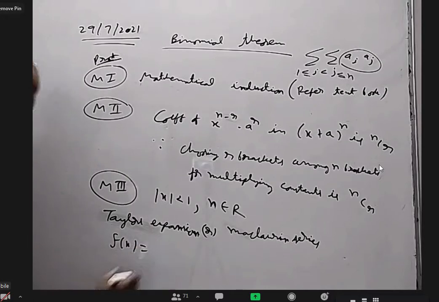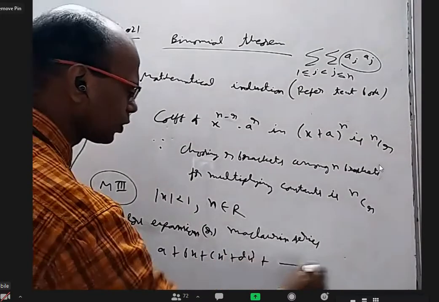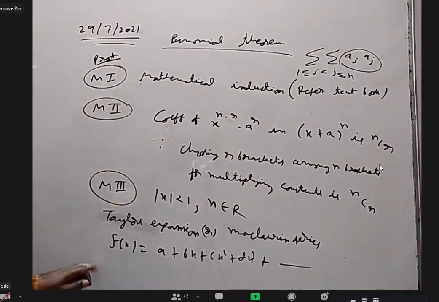f of x is basically an expression you want to write as an infinite series: a plus bx plus cx square plus dx cube, and so on. How will you find a if you know f of x? f of 0. Put x equal to 0. And how will you find b? f dash 0. Differentiate on both sides and then put x equal to 0.